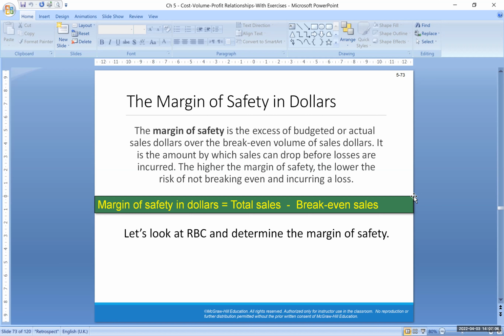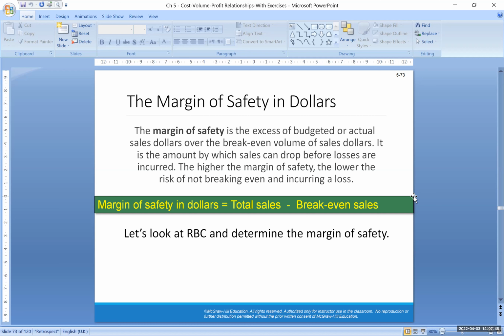If we're talking about the x-axis, then it is the difference between the units sold beyond the break-even and the units representing the break-even. So the margin of safety in dollars is equal to total sales minus the break-even sales. If we're asking about the margin of safety in units, then it is total units sold minus the break-even units.